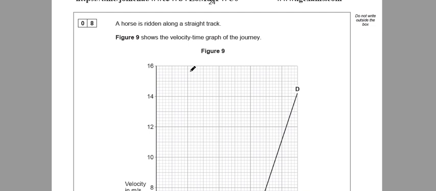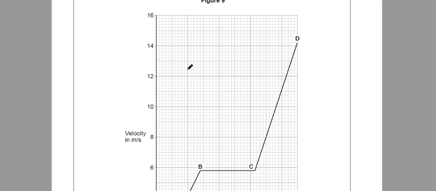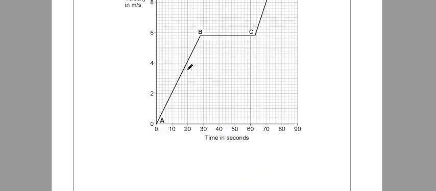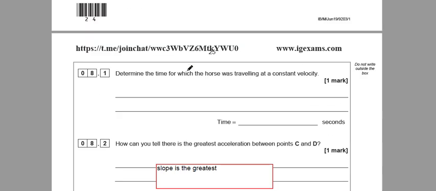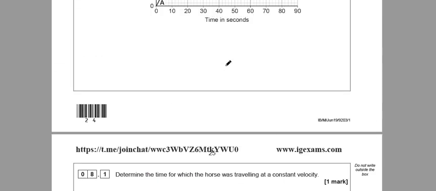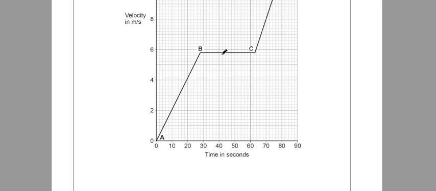A horse is ridden along a straight track, and the figure shows its velocity-time graph. Determine the time for which the horse was traveling at constant velocity. This is the time from B to C. As we see here, 10 is represented by 5 small squares, so every small square here is representing 2.